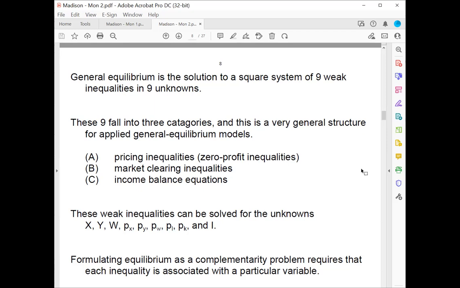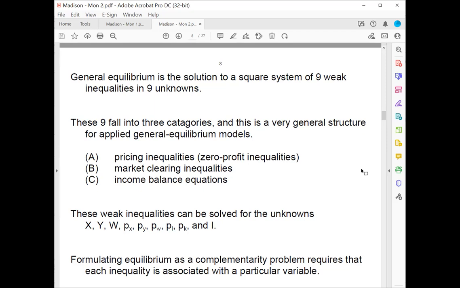There are pricing inequalities or zero profit inequalities, market clearing inequalities, and income balance equations. Together those specify the general equilibrium model. In this model, in the Hicksian formulation, the unknowns are 3 quantities, X, Y, and W, 5 prices, and income.